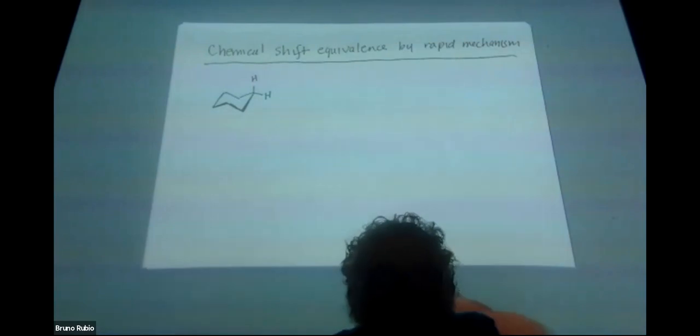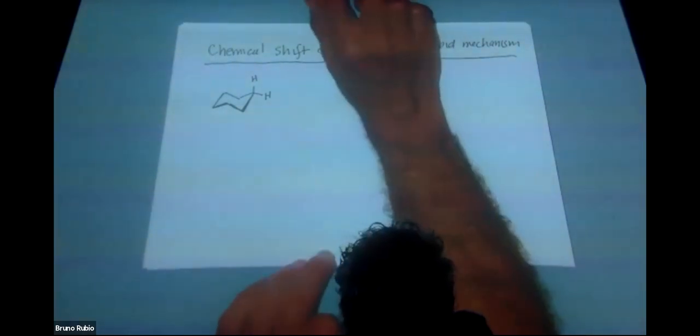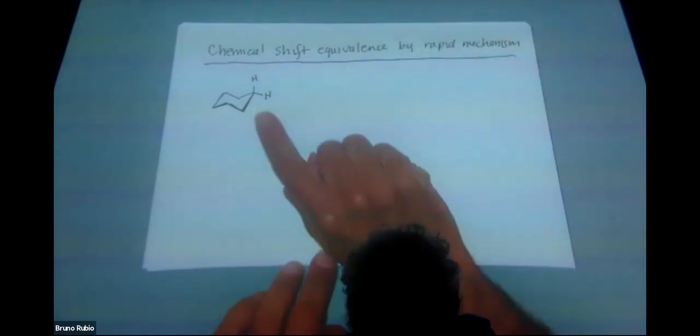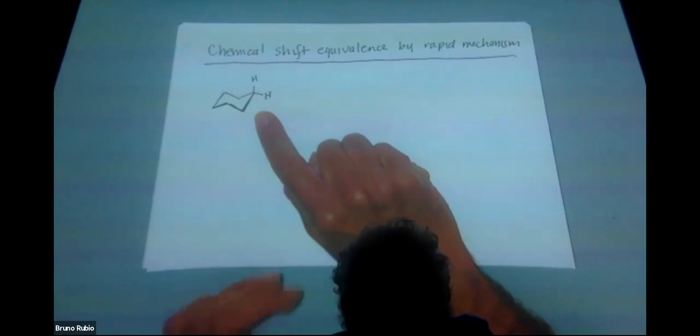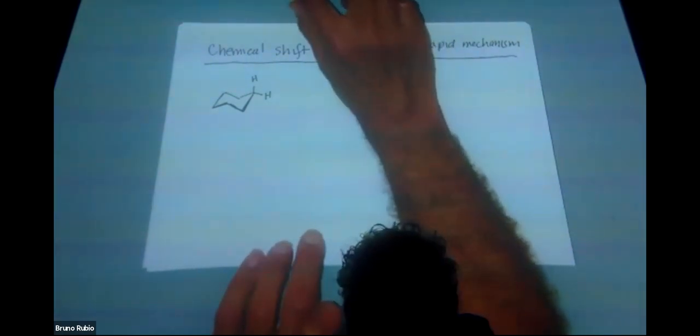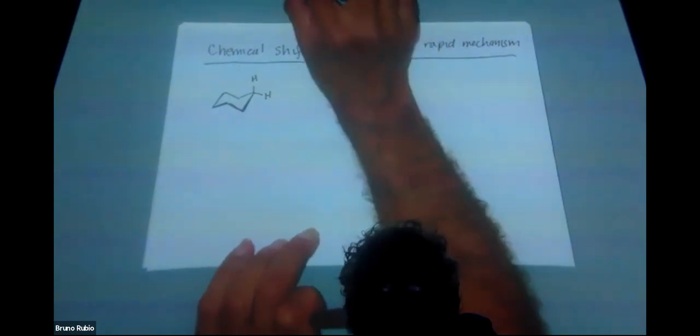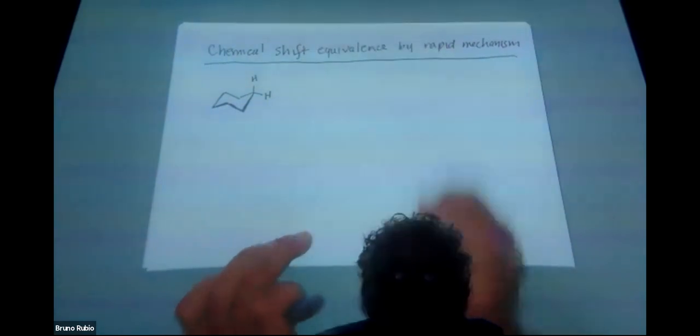All right, so I would like for you to tell me in the chat, if the chair were frozen in this shape, in other words, if we didn't have the chair-chair interconversion, if the chair were frozen in that shape, in that conformation, how many signals would we be expecting from chair cyclohexane?